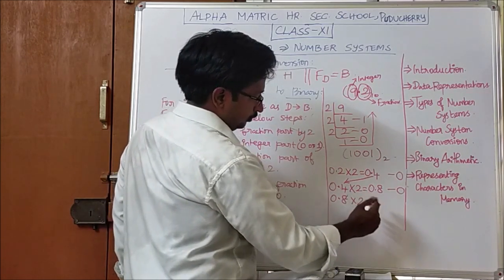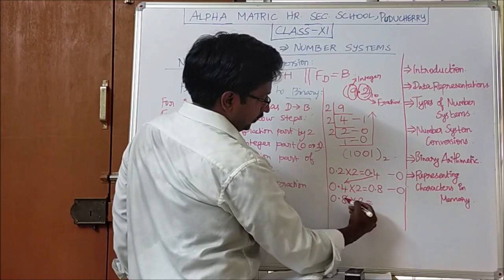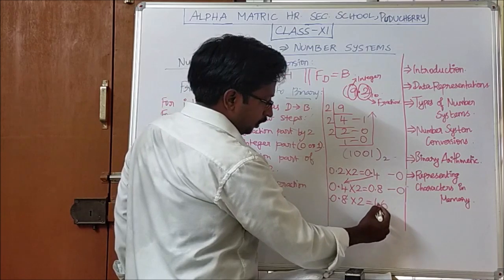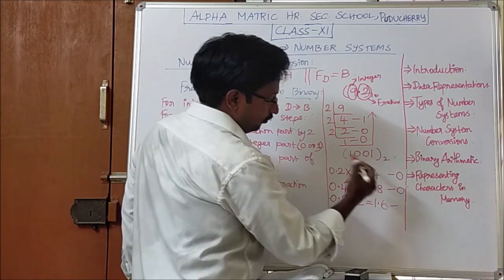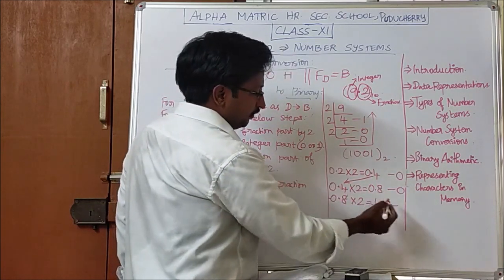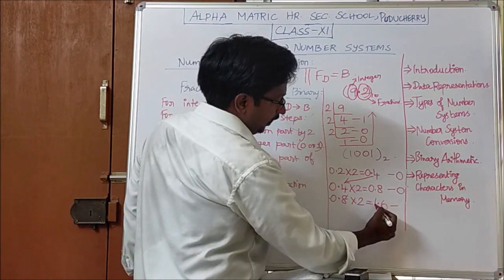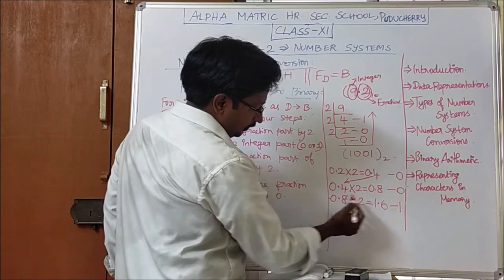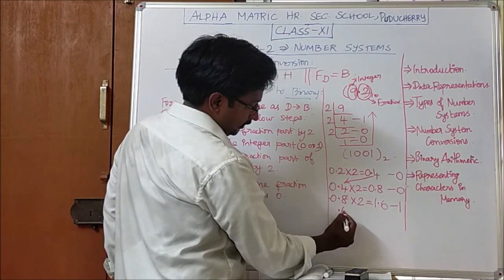It is 2, that is 1.6, not 0.16, it is 1.6. So I take the integer part as 1 and just take the fractional part, that is 6.